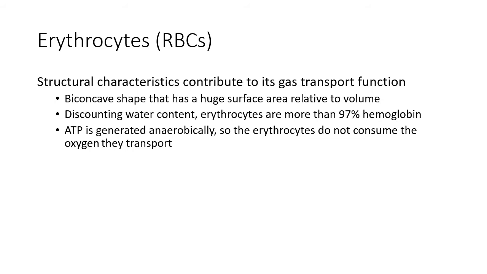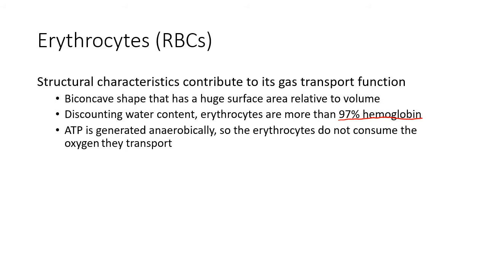Red blood cells are designed to carry oxygen, and in order to do that, they need a huge amount of hemoglobin. Upwards of 97% of the inside of the cell is hemoglobin when we get rid of the water component. There's an awful lot of water inside there, but in terms of the things that are made inside the cell, almost all of it is hemoglobin.